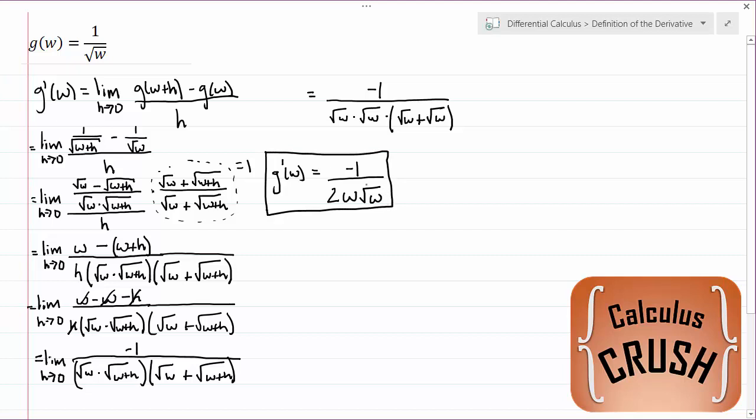There's many different ways to write this. I kind of like this method of writing it. Even though we can combine these two w's here, I prefer having square roots and whole powers here. But I'll show you another way to write this. G prime of w can also be written, this is another way, negative 1/2 times, now this is w to the power of a half and w to the power of 1, which would be w to the power of 3/2.